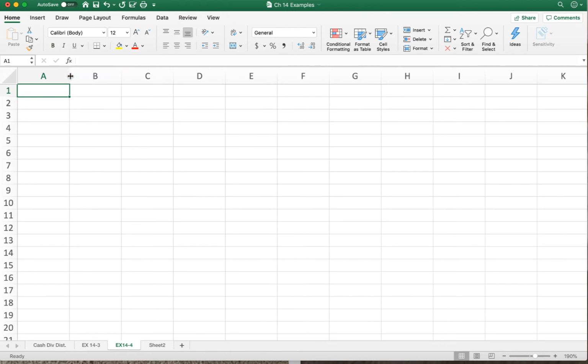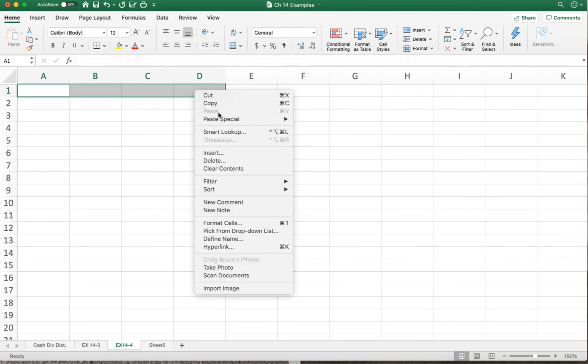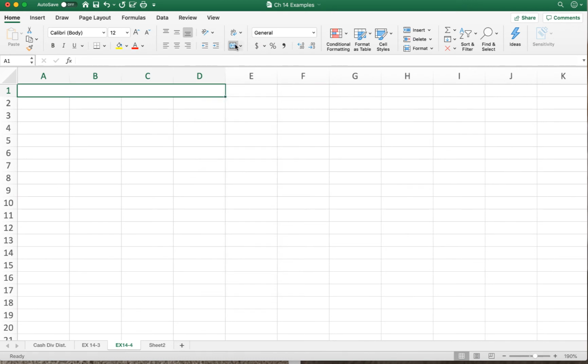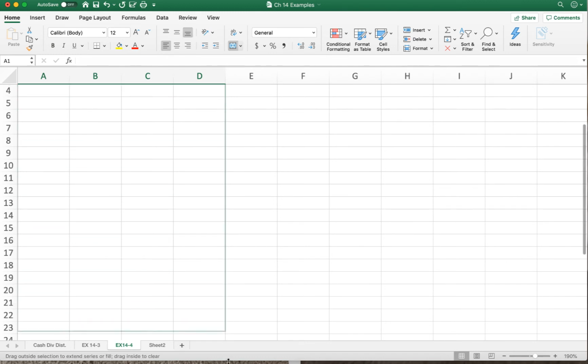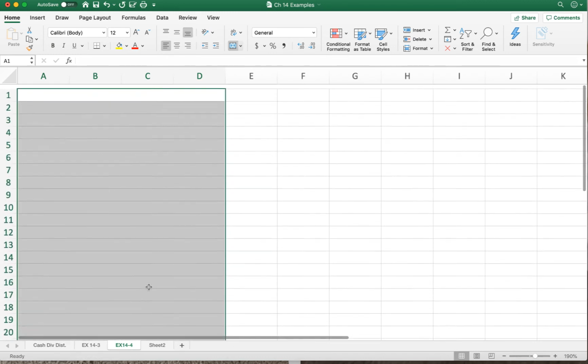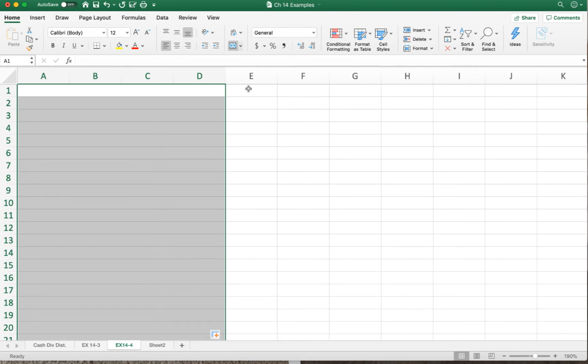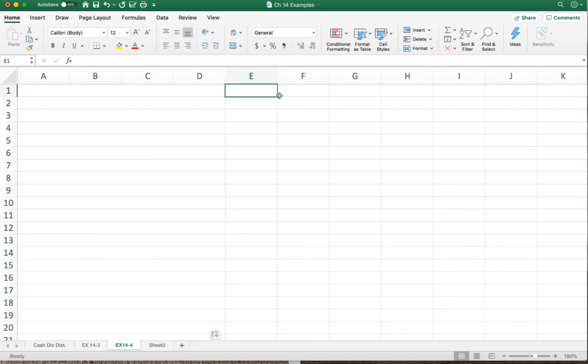So the first thing we're going to do is we need a column that says, hey, this is what our numbers were before any action was taken.